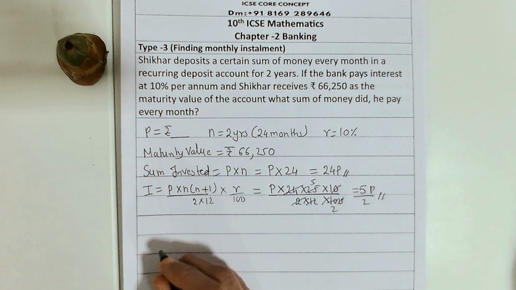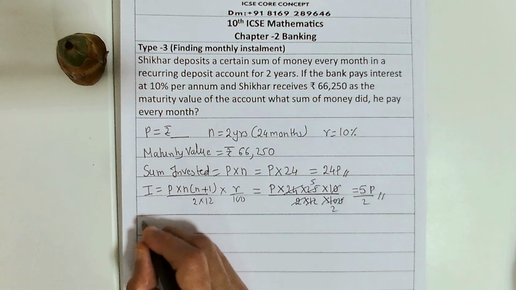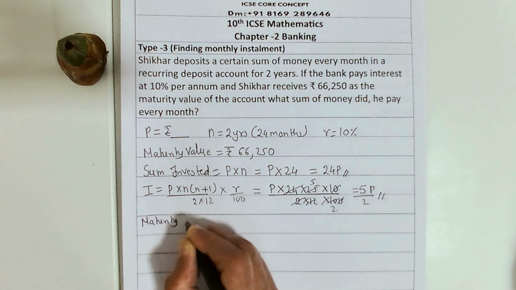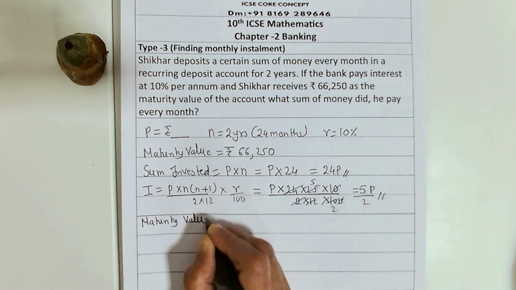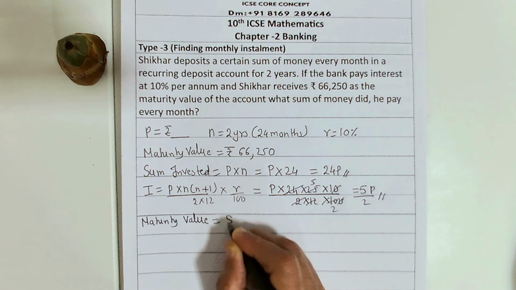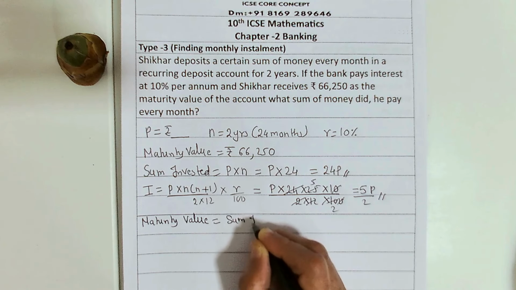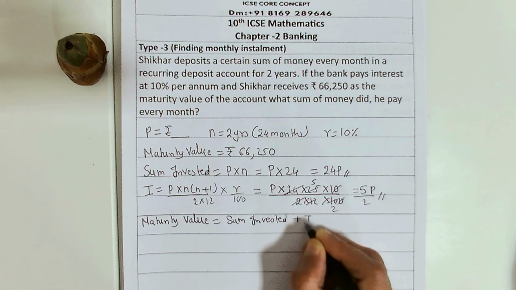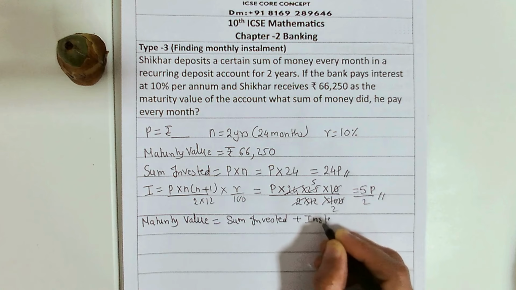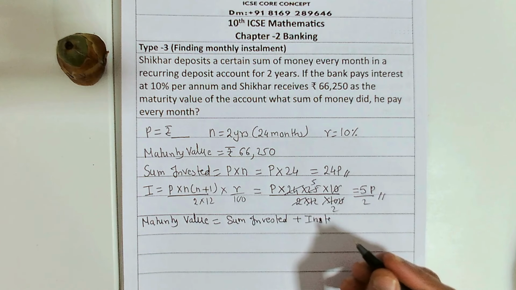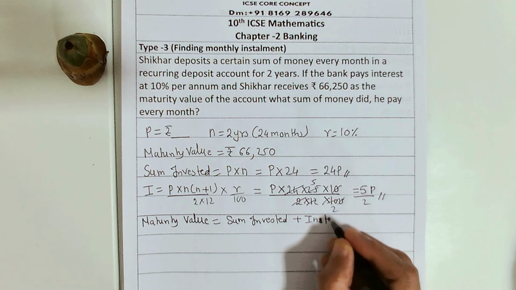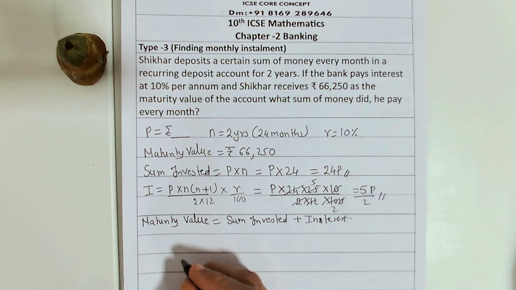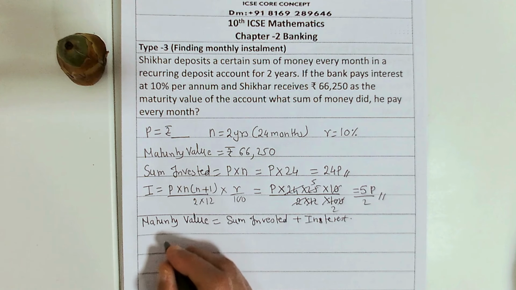Let us reach the last part, maturity value, as we go in steps. If you recollect the formula, maturity value is nothing but sum invested plus interest. Correct students? Now maturity value in this sum we know. So what is maturity value?